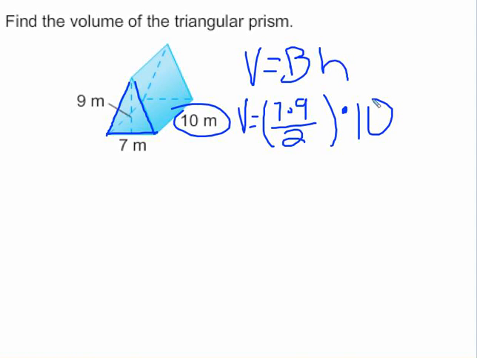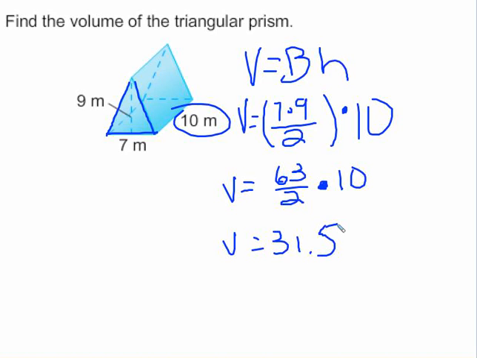Well, I know that 7 times 9 is 63. So that's going to be 63 over 2 multiplied by 10. Now I could do 63 over 2, which is 31.5, and go that route. I'll get 31.5 times 10. So my volume here is going to be 315 cubic meters.